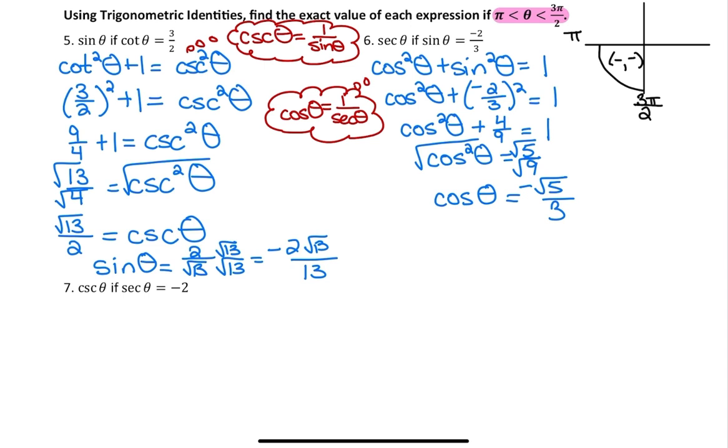So when I rewrite this as secant, I know that that's really the reciprocal of what I have here. So secant of theta is equal to negative 3 over the square root of 5. Rationalize that by multiplying by the square root of 5 over the square root of 5. And my final answer is negative 3 square roots of 5 over 5.